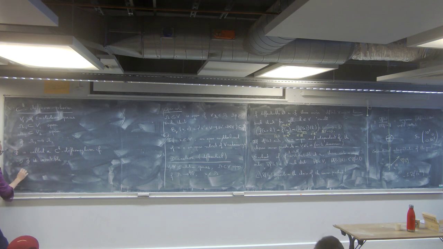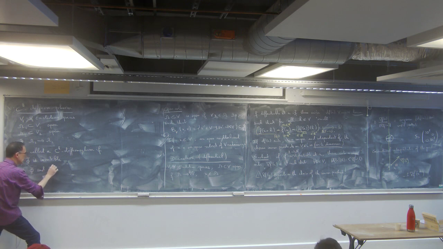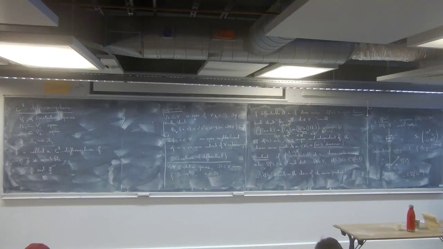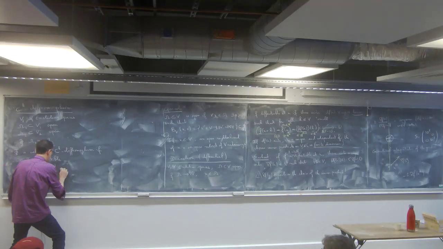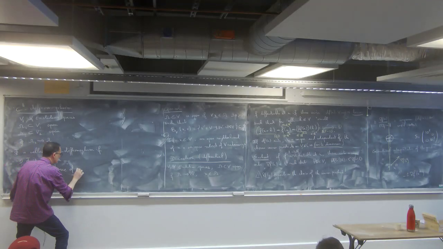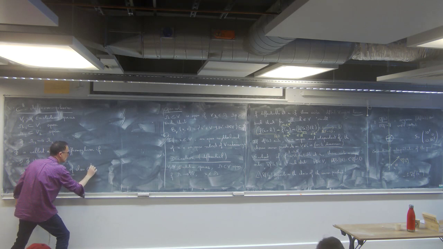And second, phi and phi minus 1, so the inverse of phi, are of class C^k. So what's that?